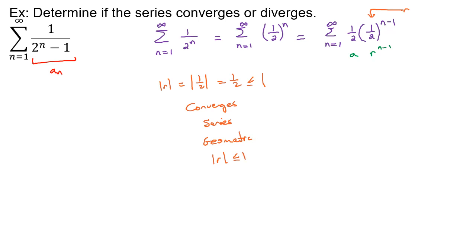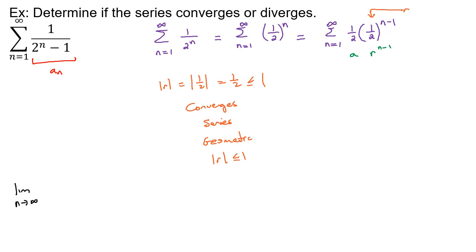So if it converges, I could divide the two series, and if I get a number bigger than 0, then I could say that they both converge. And so that's what I'll do. I'll do the limit as n approaches infinity, and I divide the a sub n by the b sub n.